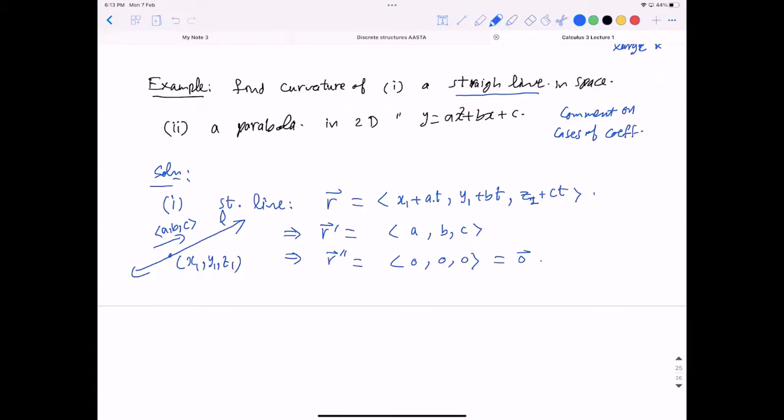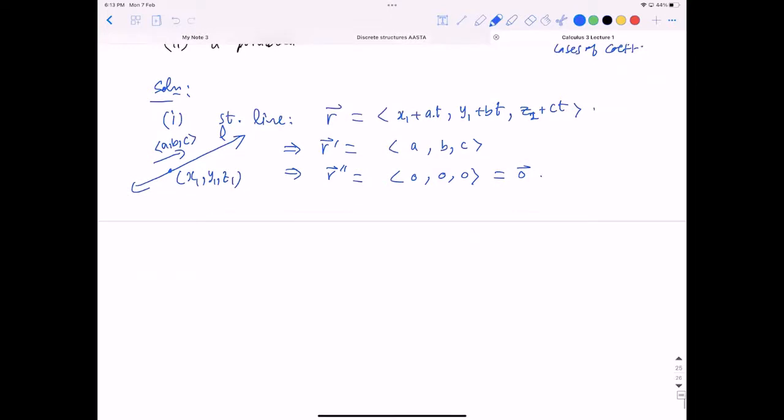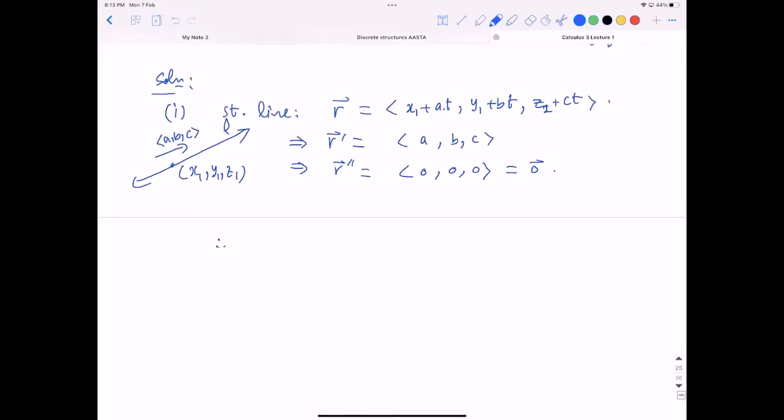We have the derivatives, we got the 0 vector, therefore the cross product is a, b, c cross 0, 0, 0. So we get 0. Or write it simply like this: a vector times 0 is 0. That's it, which is 0, 0, 0.